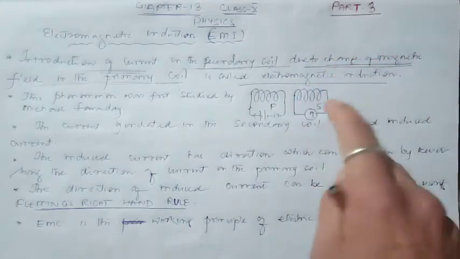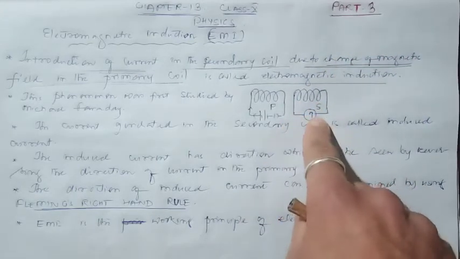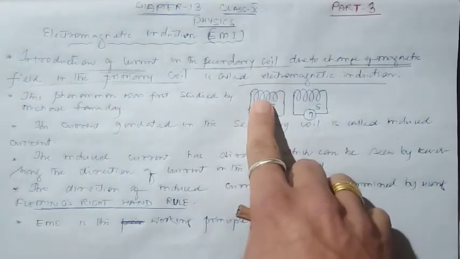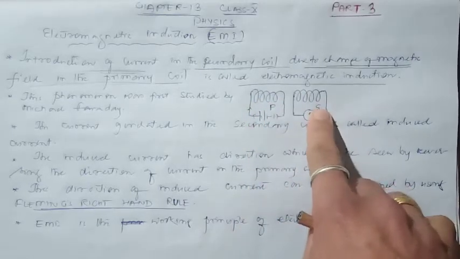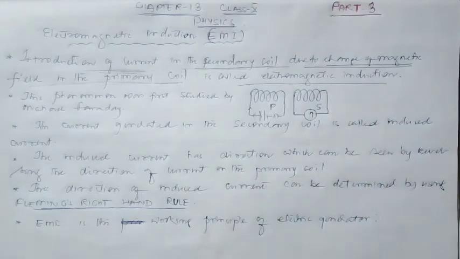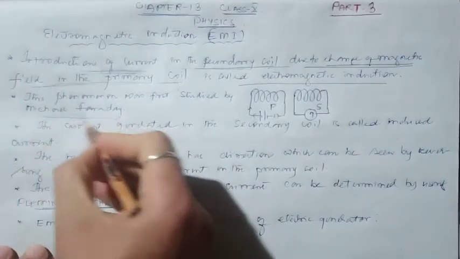That changing magnetic field makes the current flow through the secondary coil. So this phenomenon where the change of current in the primary coil induces a current in the secondary coil is called electromagnetic induction, EMI. This phenomenon was first studied by Michael Faraday.